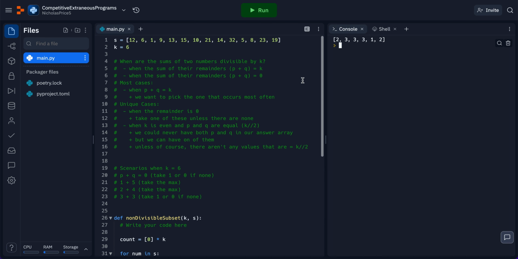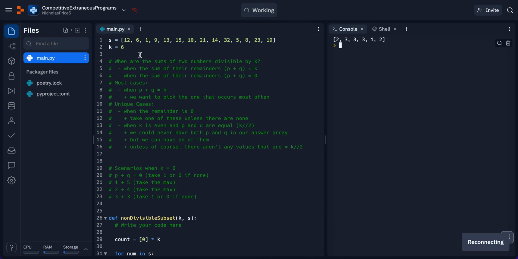Okay, awesome. So what's happening here? This is providing us with the answers to how many there are of each remainder. How many times do we run into a remainder of 0 when dividing the numbers by our k? Well, we just went through it.